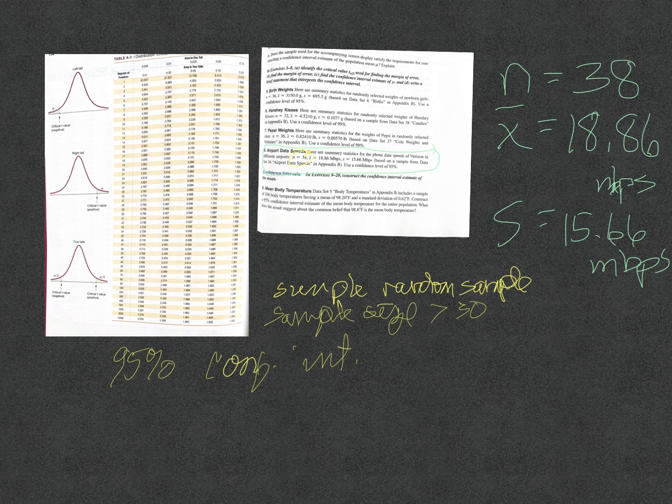That means that we have a normal curve with 95% of the data in between here. This normal curve is centered on the sample mean 18.86. All right. Our goal then is to essentially find this value here, right here.